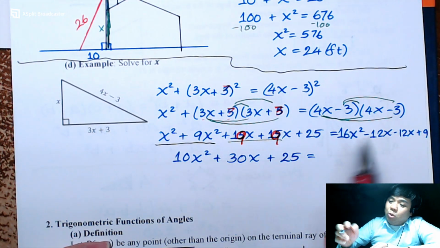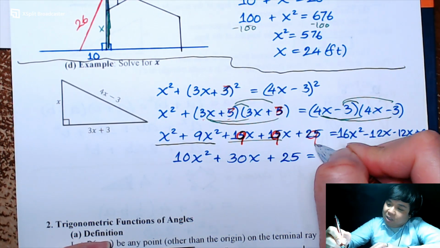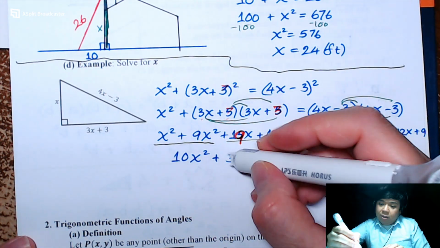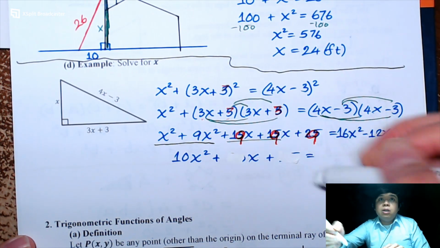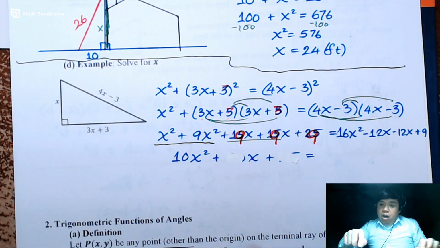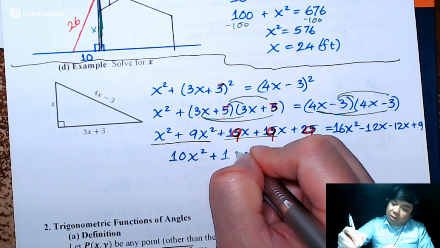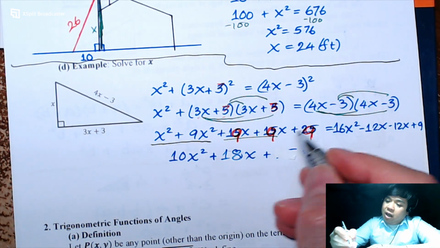And then 3 times 3 is 9. Okay, 9x and 9x, that's 18x. And then plus 9.